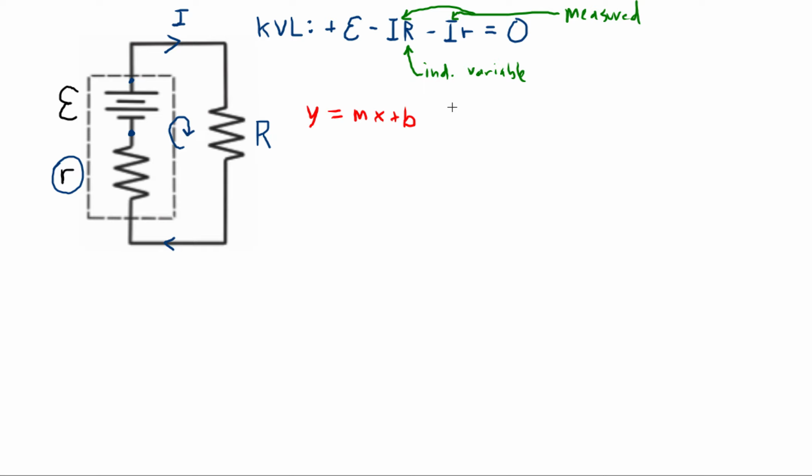So what you want to do is take this equation, whatever equation you got, and massage it into a form where it matches y equals mx plus b, where y and x are derived from data, raw or calculated.